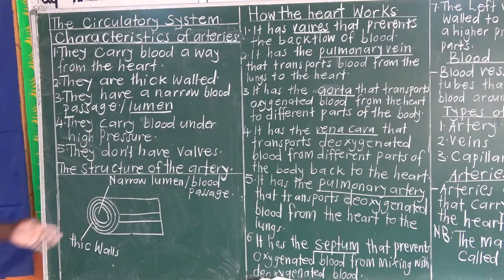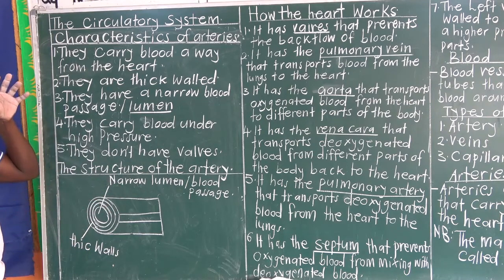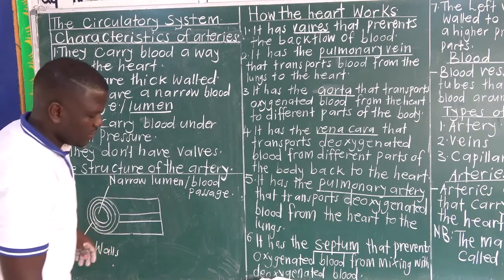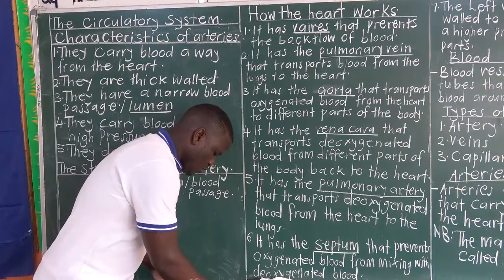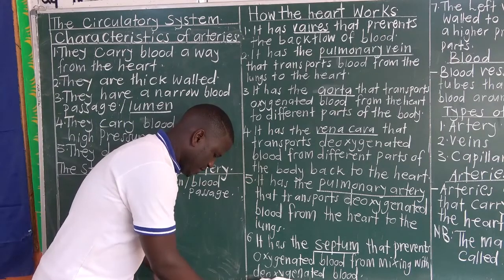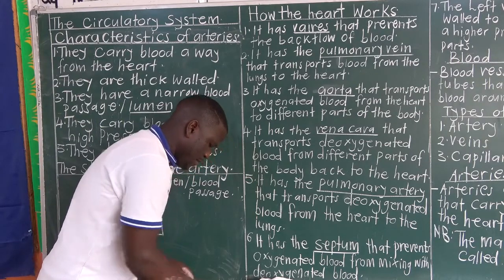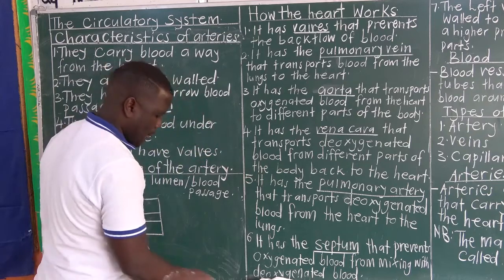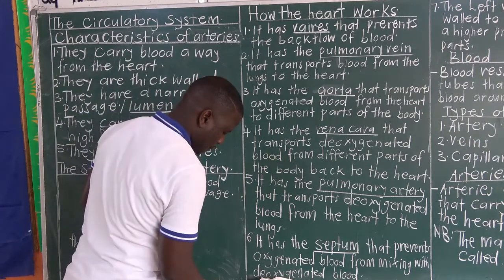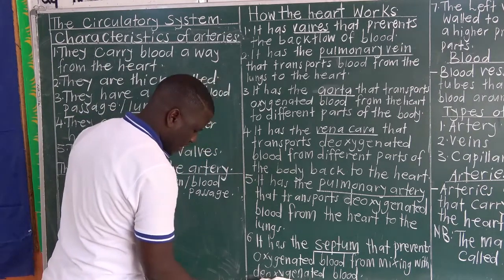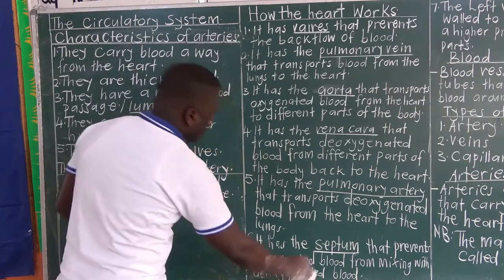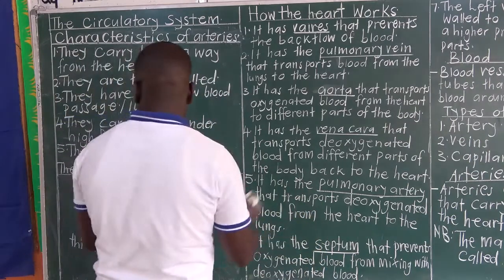So, this is a structure showing the artery. It has thick walls, it has narrow lumen, or narrow blood passage, and it has no valves. Then we shall write NB. Why are arteries thick-walled?